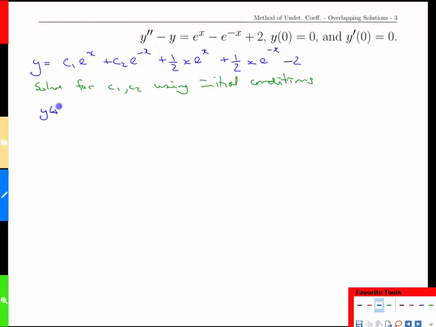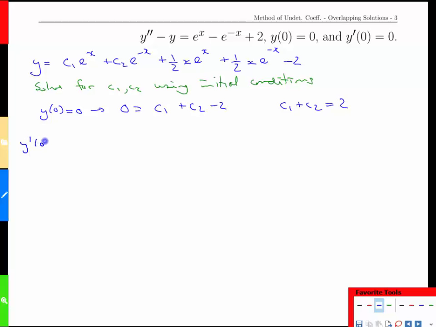So if y of 0 equals 0, then that means that 0 equals, all the e to the zeros are 1s, and x's as a multiplier give us zeros. So we just get c1 plus c2 and minus 2 at the end. Or c1 plus c2 equals 2.